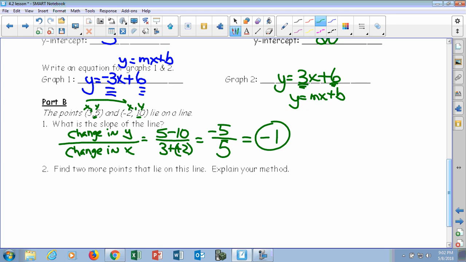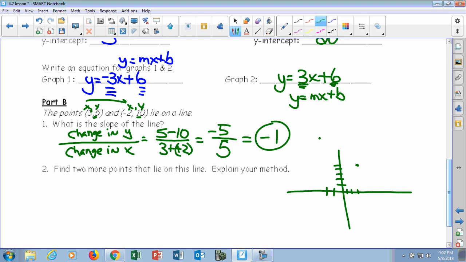So now it says here, find 2 more points that lie on this line. Explain your method. Well, think about this. If you draw your graph, 3, 5 is right here, right? So negative 2, 10 is like way up here, somewhere.